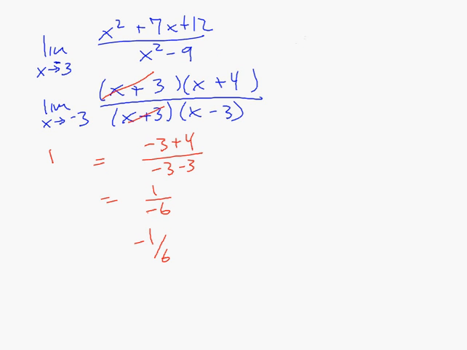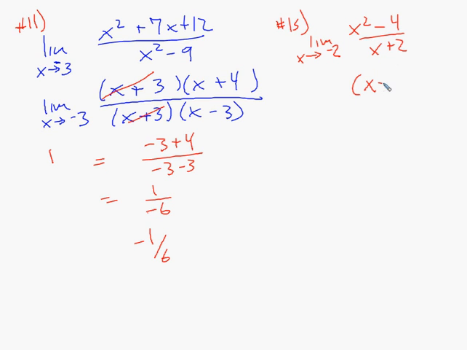Number 15, so that was number 11. Number 15 is my limit as x approaches negative 2 of x squared minus 4 over x plus 2. This is a definite limit, meaning that we can put in a number. We aren't doing the infinite thing. So we go ahead and put in our negative 2, but again we see that we have this discontinuity. We're going to have a 0 down there, so we don't want that.